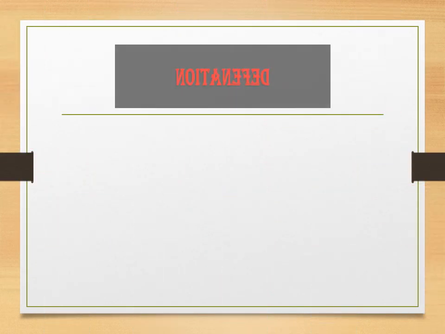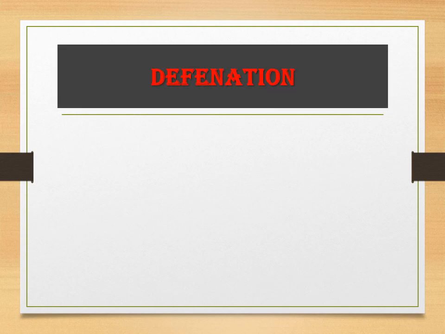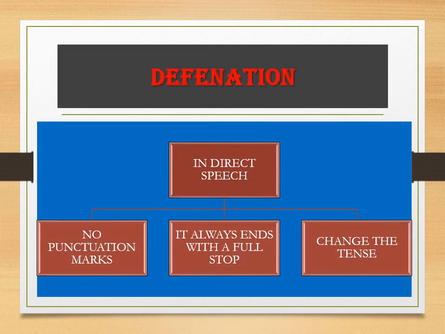Now coming back to indirect speech, obviously it will be just the opposite of direct speech. It is not the direct speech of the speaker. The speaker is changed. The speaker will be telling what the first person told. It will be in the form of the third person here. The speech will always be indirect here. No punctuation marks will be used here.